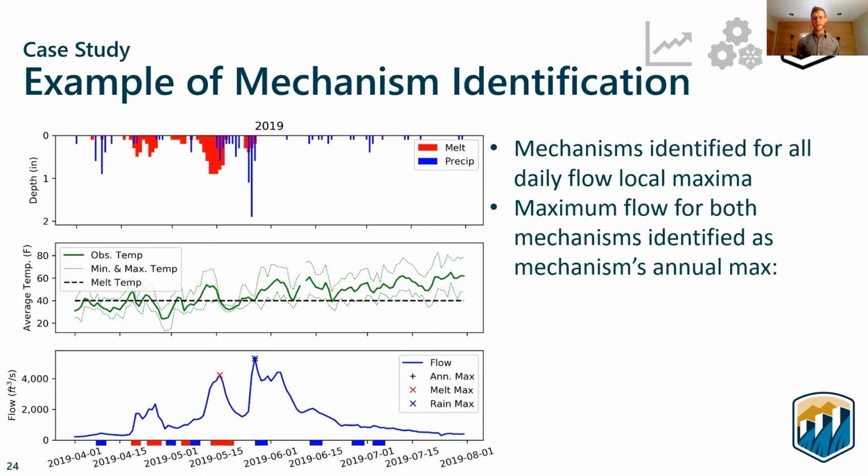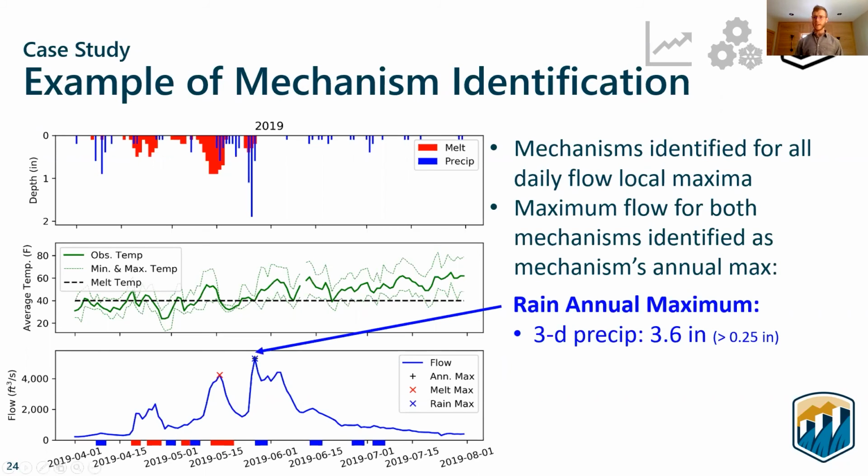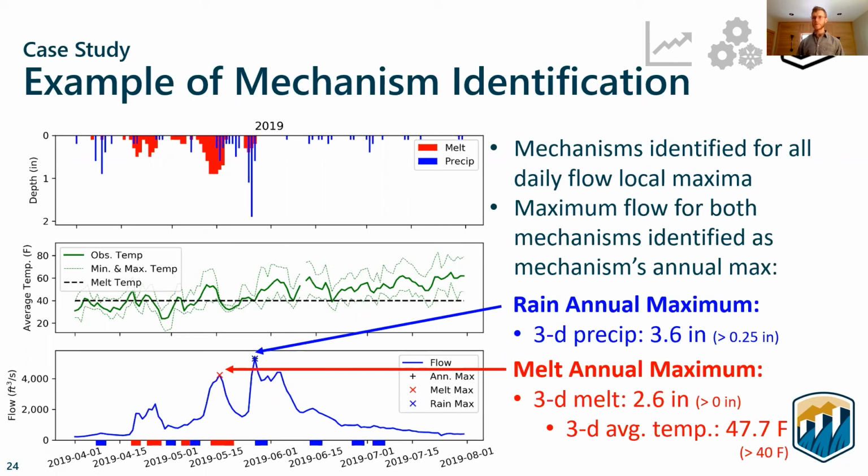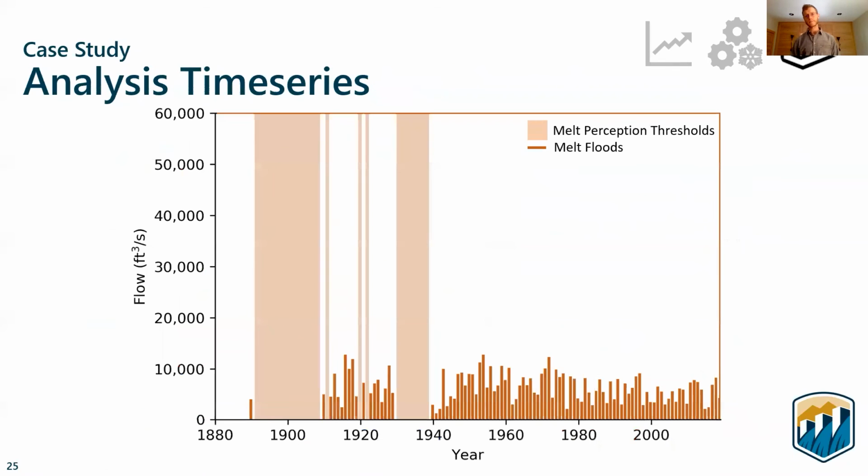And then the maximum flow for both mechanisms was identified. So for rain, what was the greatest rain peak? And for melt, what was the greatest melt peak? And so this was done for each year so that we could create 2 time series, 2 annual maximum series of floods for melt and rain type events.